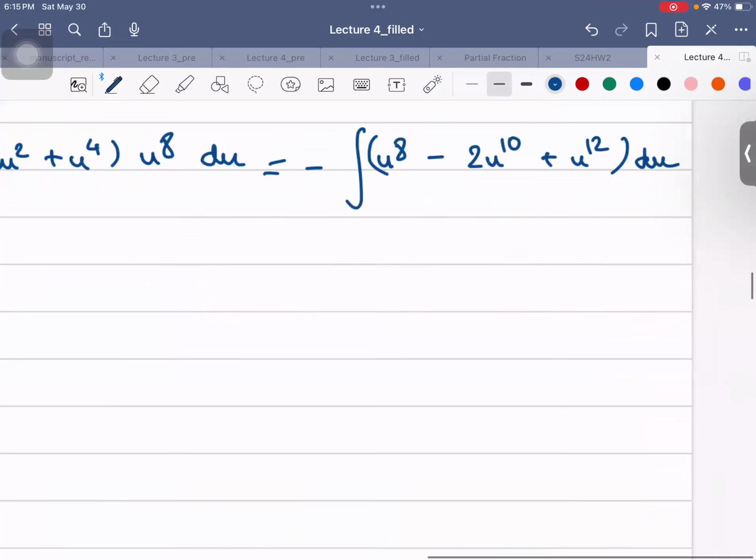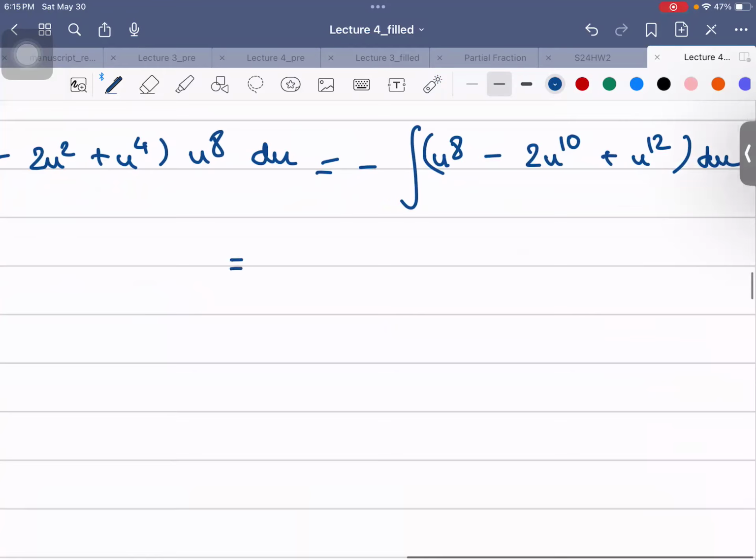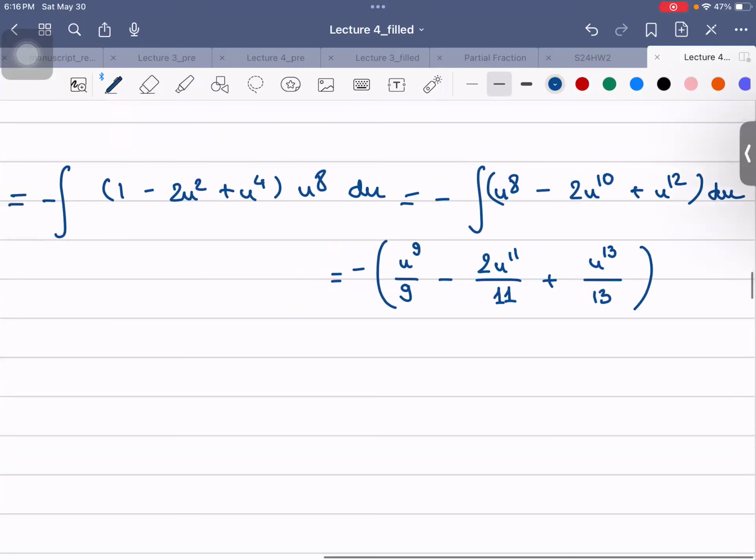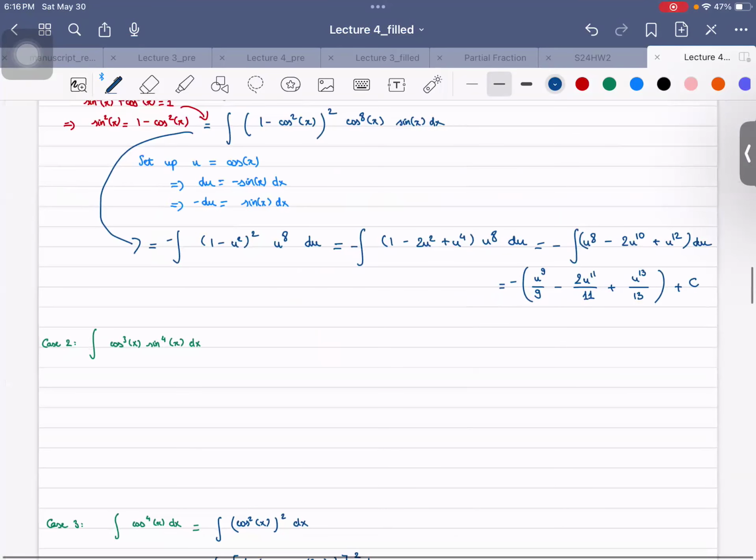We have negative u to the power of 9 divided by 9, minus 2u to the power of 11 divided by 11, plus u to the power of 13 divided by 13. After you finish integration, remember to add the constant c.